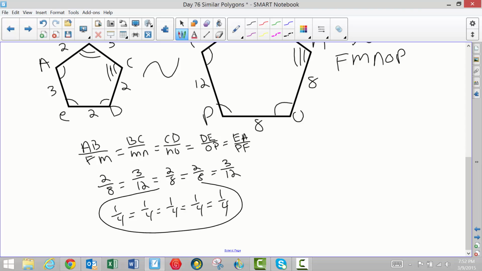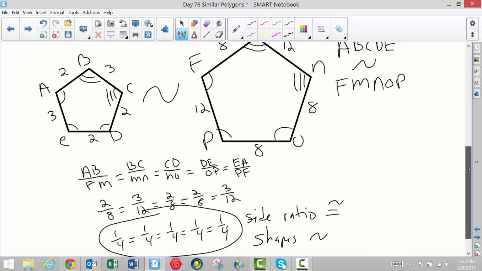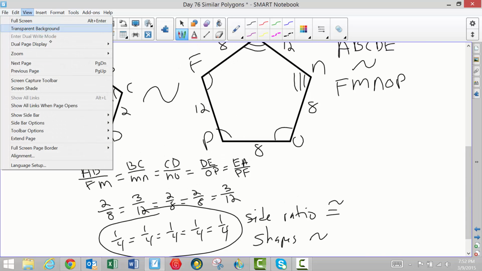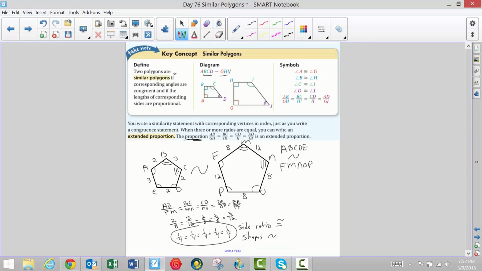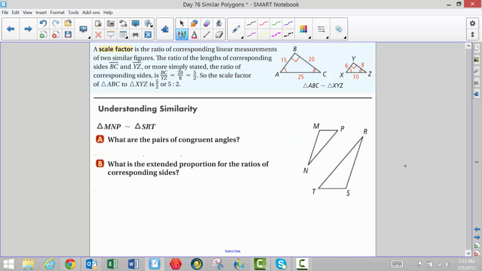So since all my side ratios are equal, I know that the pentagons are similar. So there's your example of a similar polygon. Now let's apply it to a different example.